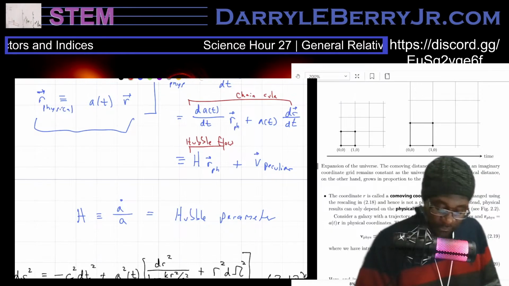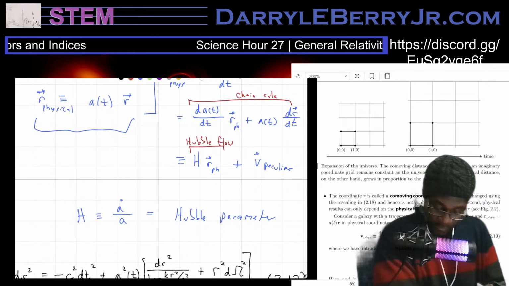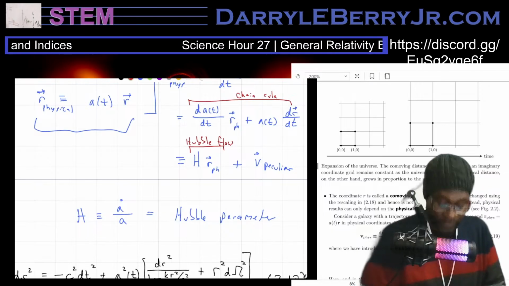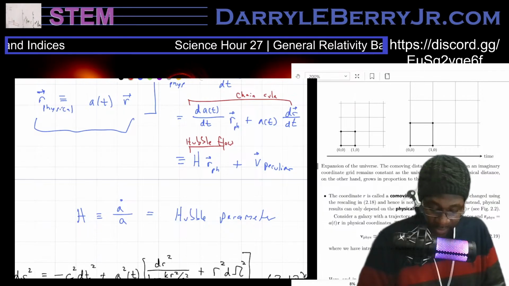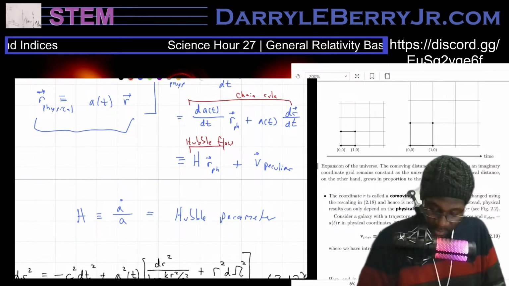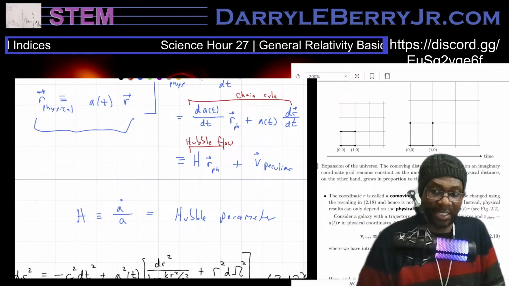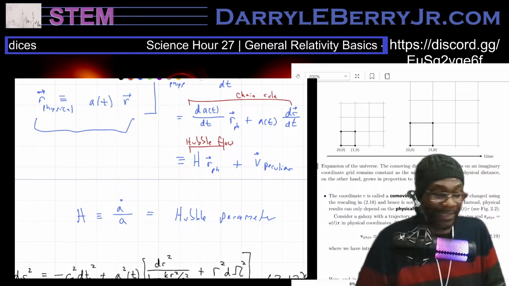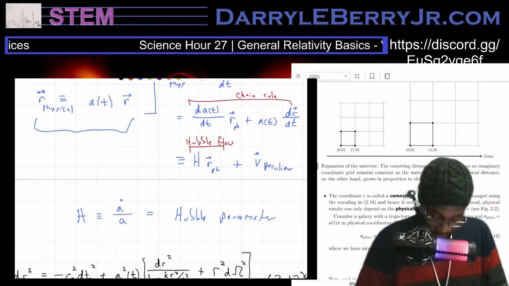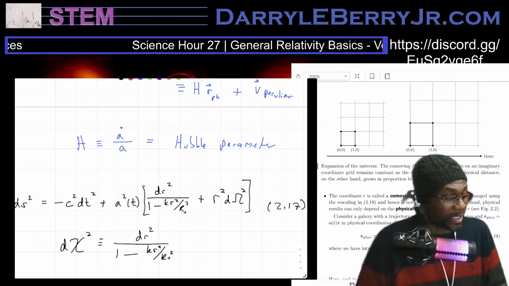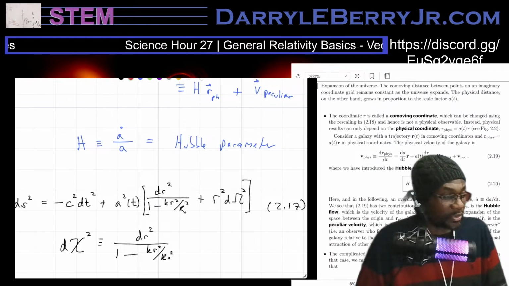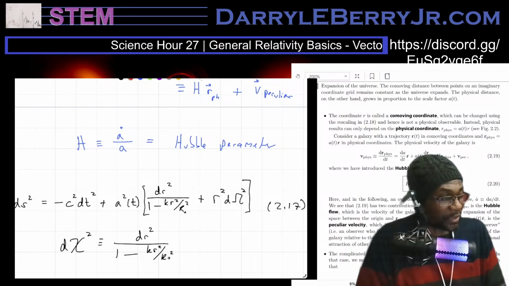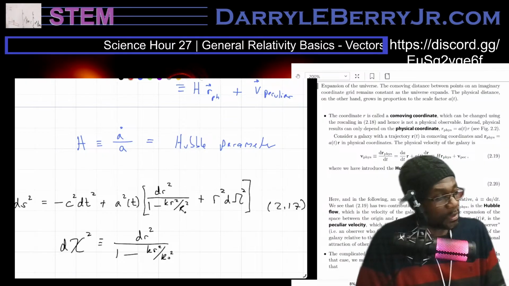Then we have the Hubble flow, how the scale factor changes times the physical distance. Then we have the peculiar velocity, where a of t remains the same in that local space, but the position itself within that space is changing. We have the Hubble parameter, which is the change in the scale factor divided by the scale factor.